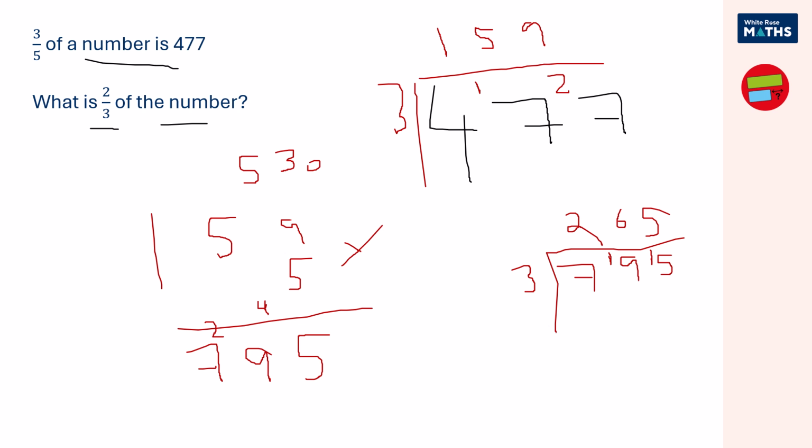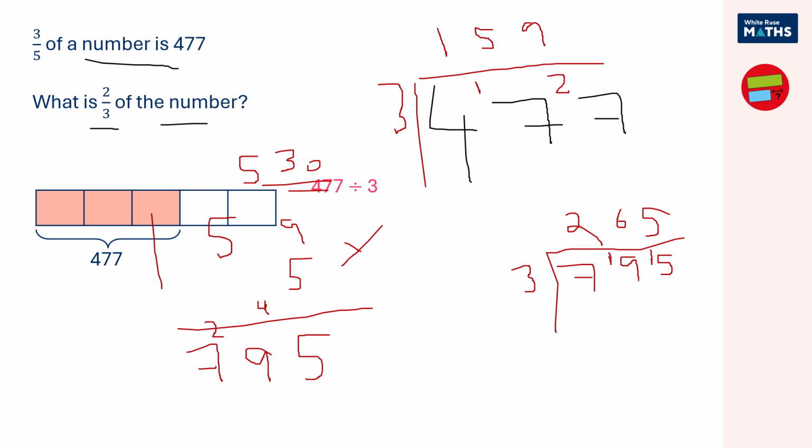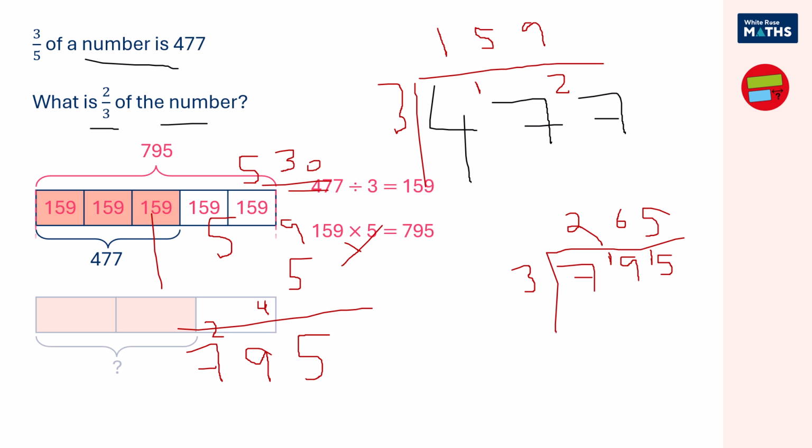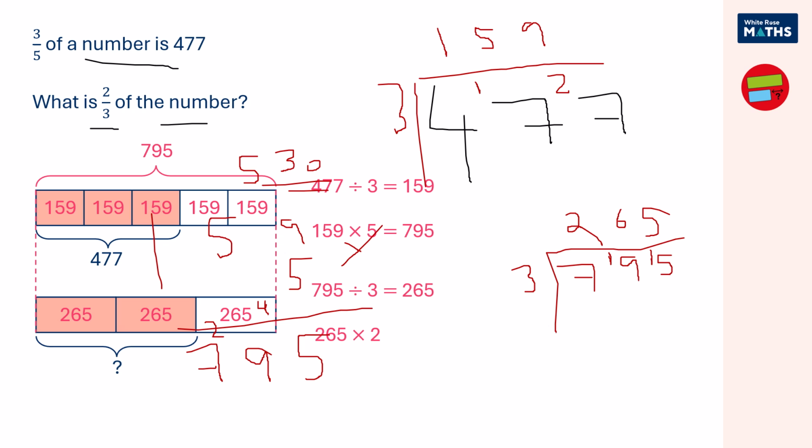Because double 200 makes 400, and double 65 makes 130. 400 plus 130 is 530. There we go.